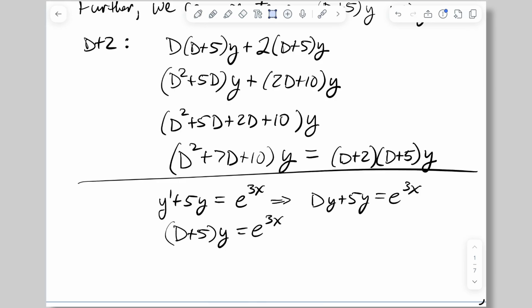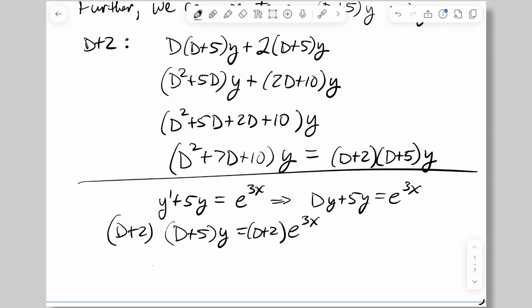Now, suppose I take that D plus 2 operator and I act on both sides of the equation, D plus 2 here and D plus 2 here. We've already seen what the left-hand side becomes, but mathematically what's happening is we're taking the derivative of the equation and adding to it twice the equation. Because we're doing the same thing on both sides of the equation, this is actually a mathematically legitimate process.